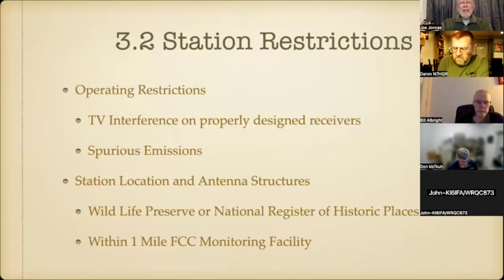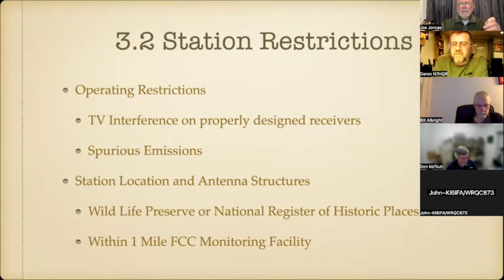Okay, station restrictions, operating restrictions. If you interfere with a television, generally it is the TV's fault.